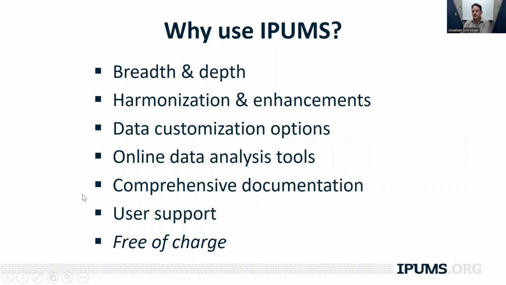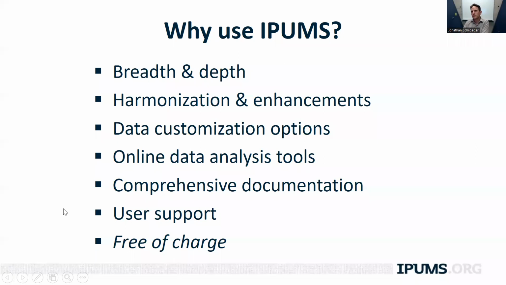Our only requirement is that before you download data, you register with us so that we can keep track of how many users we have, provide us a little information about what you're planning to do with the data, where you work, so we can monitor what our user needs are. We only use your email to keep you informed of IPUMS data releases and to alert you to when your data are ready to download.